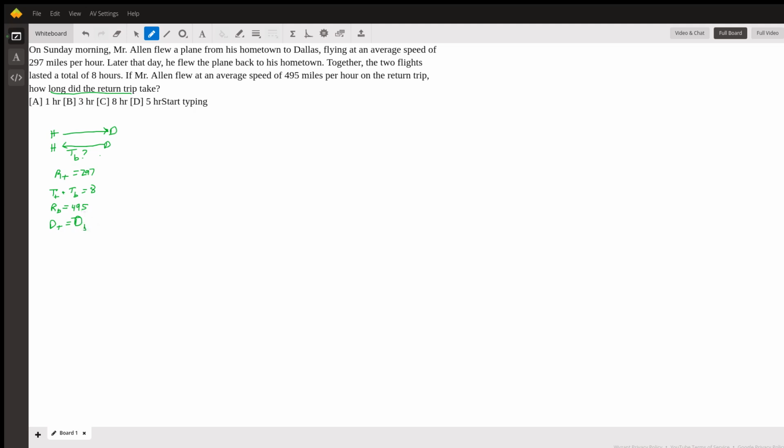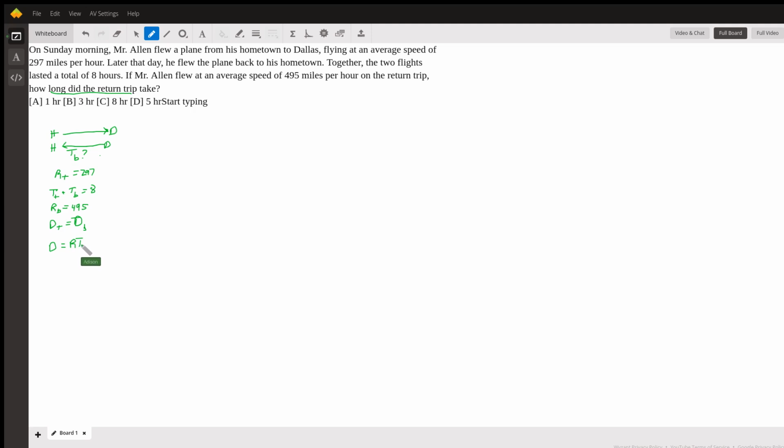Well, if you look at all this information, it reminds us of an equation. And that equation is distance equals rate times time. If we look at this, we have distance, we have rates, and we have times. Now we can use this equation to solve for the time back to home. How can we do this?